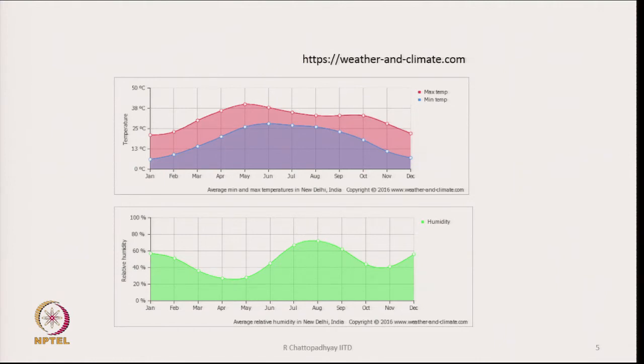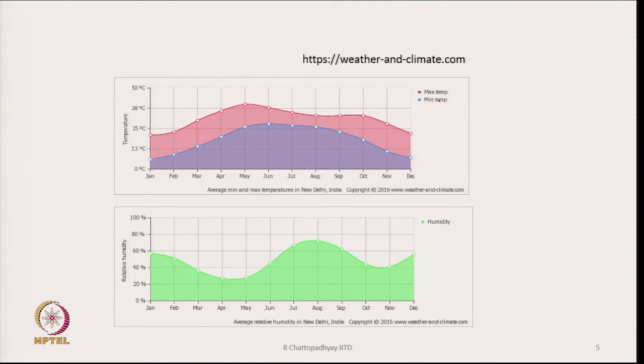Here, just as an example, we are showing how the temperature varies in New Delhi, India from January to December, the minimum and maximum temperature. So, we get an idea of typically how the temperature will vary throughout the year. Anything that we produce, we need to know when somebody is going to use it, and depending upon that the proper design can be made.